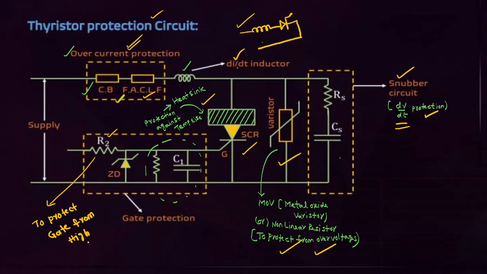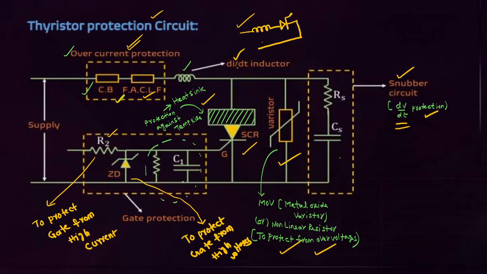Zener diode is to protect the gate from high voltage or over voltage. To protect the gate from high voltages, we are using the Zener diode.